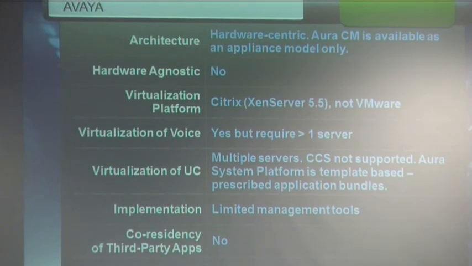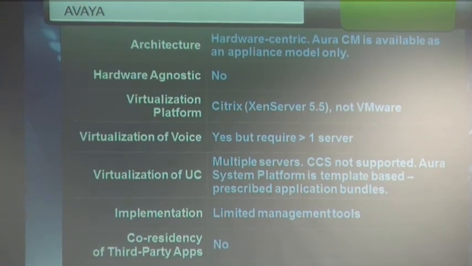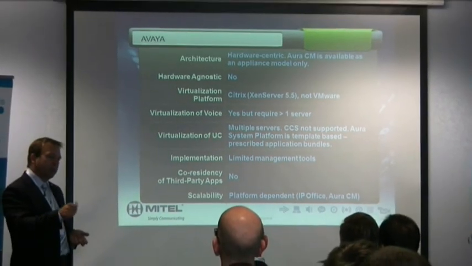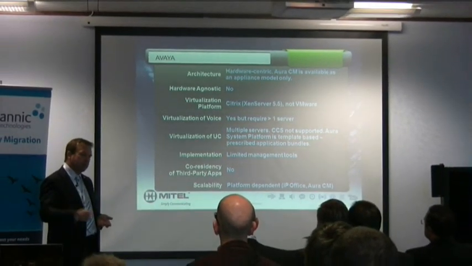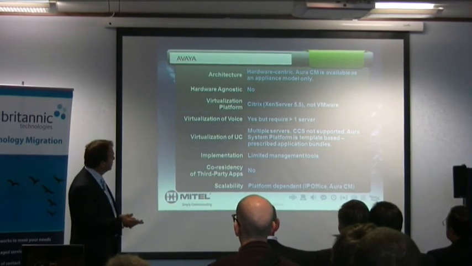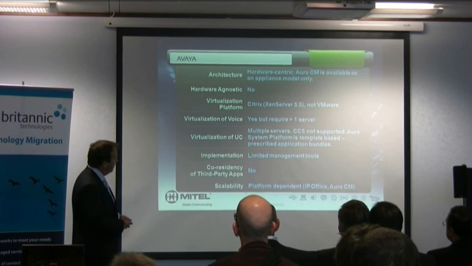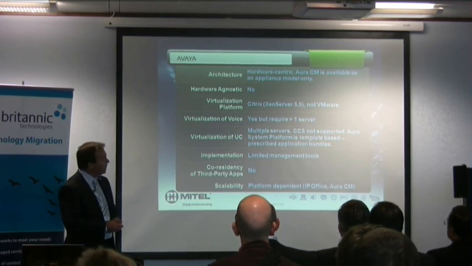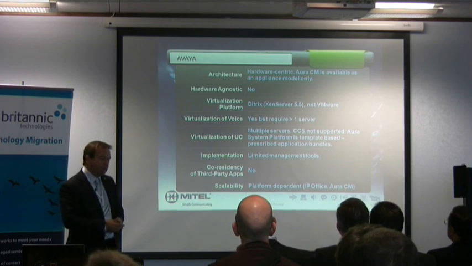Just quickly, I want to go through where some of the other vendors are at, because you will find that all of the vendors will claim that they do virtualization, and they do to an extent. So very quickly, in Avaya's case, they're kind of hardware centric. They use HP servers, but you have to buy them from Avaya.